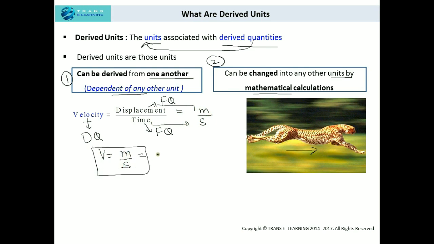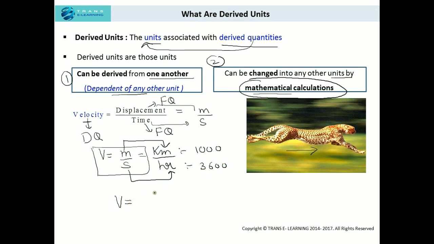Now if I have to write velocity in terms of, say, kilometer per hour, then I have to do the necessary mathematical calculations, that is, the conversions, to get the value in kilometer per hour. That means I have to convert meter into kilometer by dividing it by 1000, and I have to convert second into hour by dividing it by 3600. So if I calculate it, it is kilometer by 1000 and hour divided by 3600.